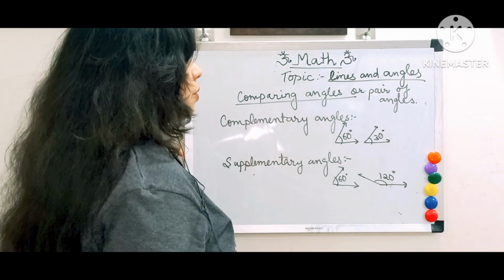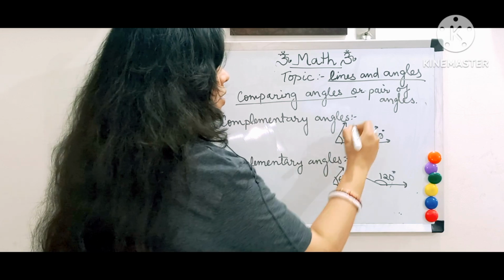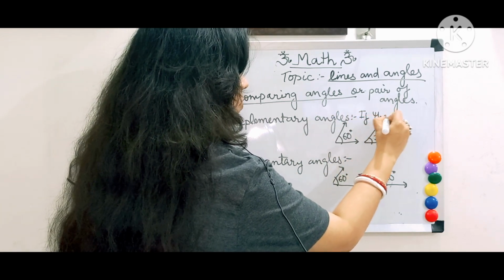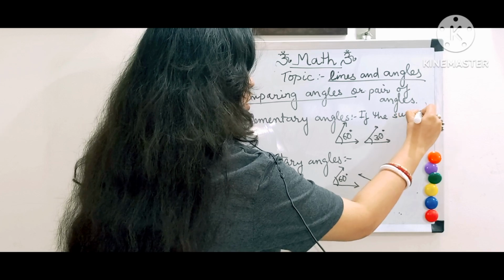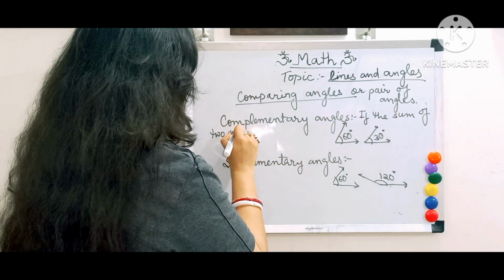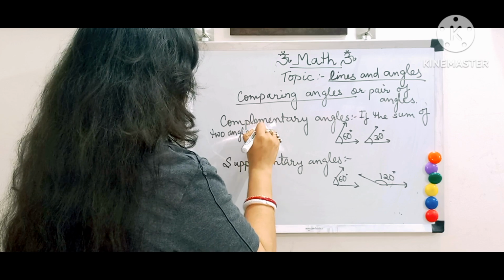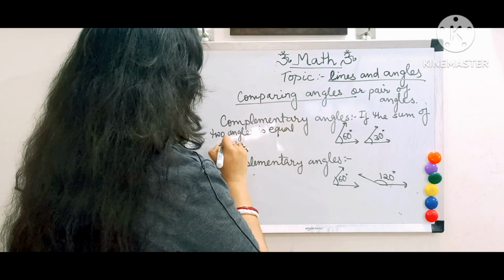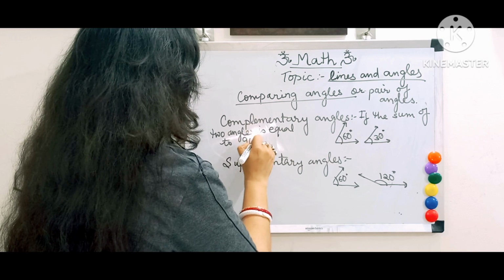So you can write the definition of complementary angles as, if the sum of two angles is equal to 90 degrees.